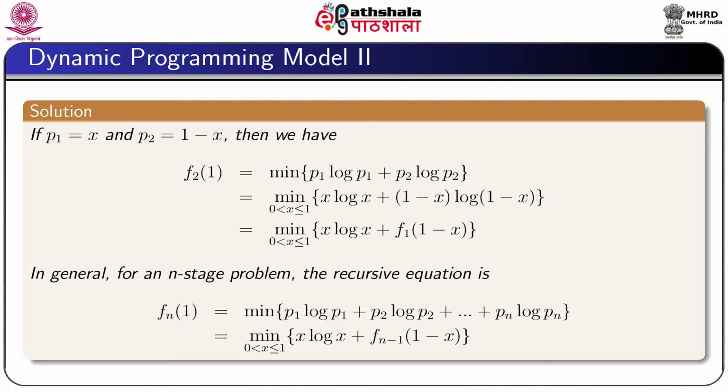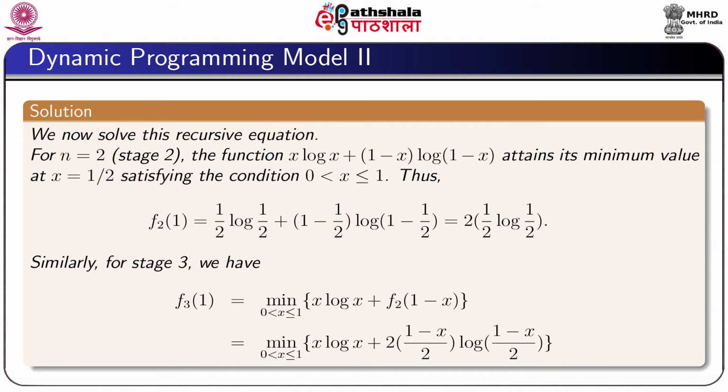In general, for an n stage problem, the recursive equation can be obtained as f_n(1) equal to minimum of p1 log p1 plus p2 log p2 plus ... plus pn log pn, and which is equal to minimum of x log x plus f_{n-1}(1 minus x), where 0 less than x less than or equal to 1.